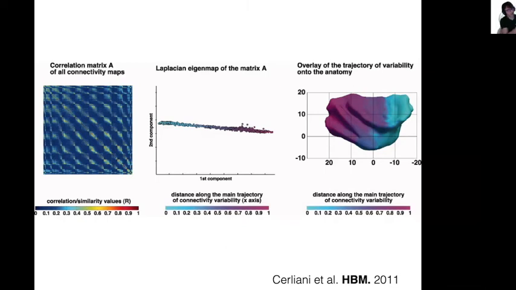And he found that you had a gradient of change in the profile of connectivity that you can explore on the insula. That's quite a fascinating approach. You can see here the matrix on the left is a correlation matrix between the profiles of connectivity of the different voxels in your insula, and then you extract the main components using Laplacian eigenmap, which, as I told you just before, is like a principal component analysis, but nonlinear. It's a nonlinear dimension embedding approach.